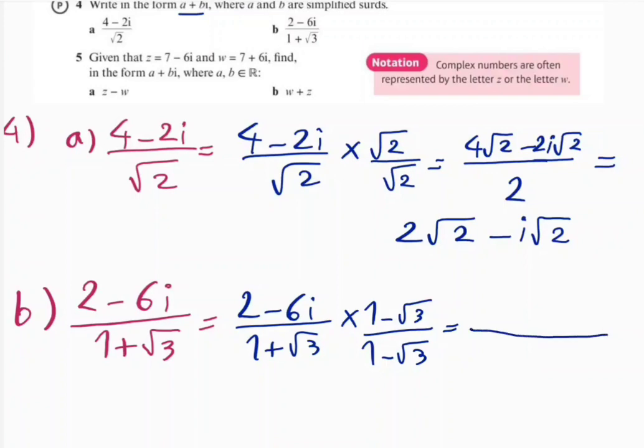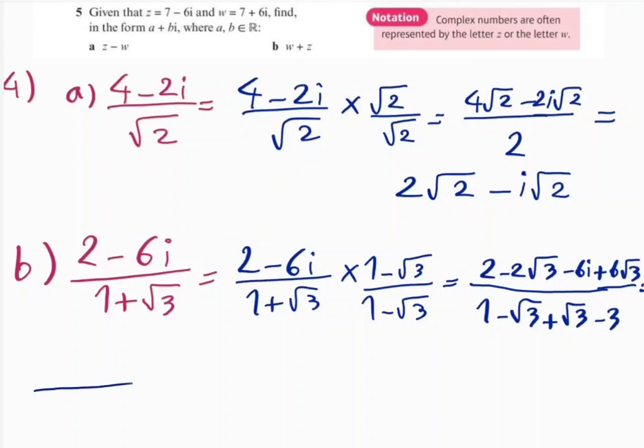And the rest is pretty clear. So we have 1 minus root 3 plus root 3 minus 3. Then we have 2 minus 2 root 3 minus 6i, and finally plus 6 root 3.